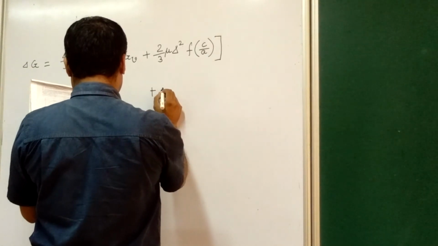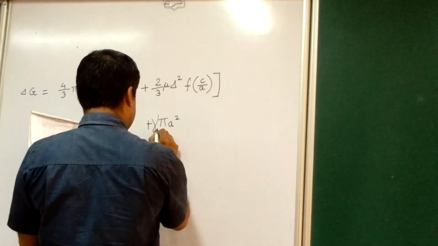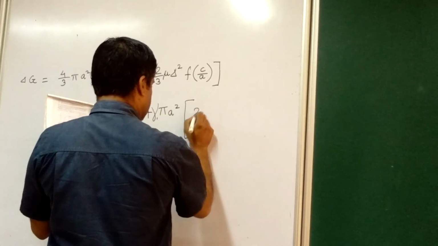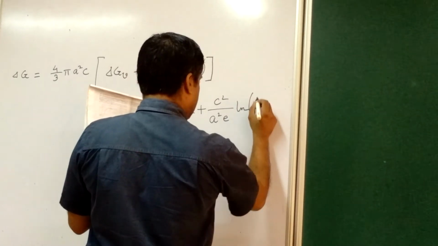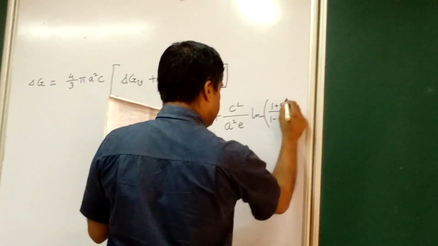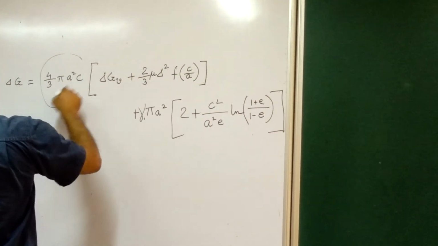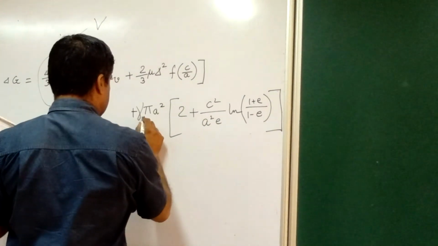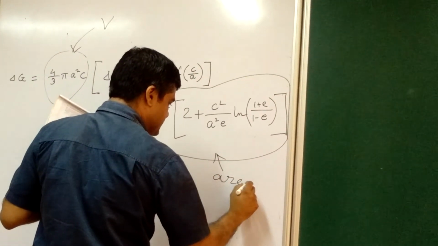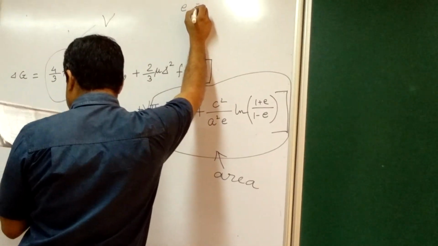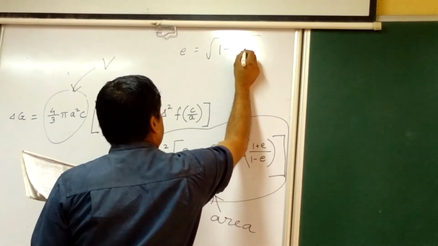plus area we wrote, pi a square, so gamma multiplied by pi a square within bracket 2 plus C square over A square E ln 1 plus E divided by 1 minus E. So this is your volume, and this is your area of an oblate spheroid, where E is given by square root of 1 minus C square over A square of an oblate spheroid.